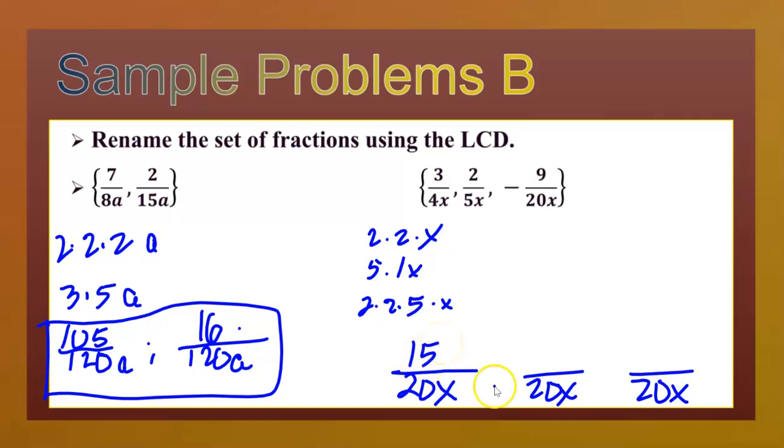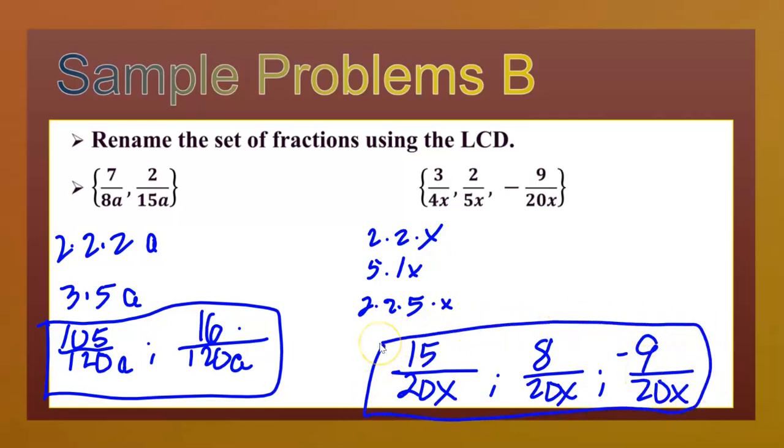I already have my x there. 5 times 4 is 20, so 2 times 4 is 8. I still have my x there. And then I have 20 times 1, so 1 times negative 9 is negative 9. There are my 3 fractions with the least common denominator. So that is our lesson on multiples, least common multiples, and least common denominators.